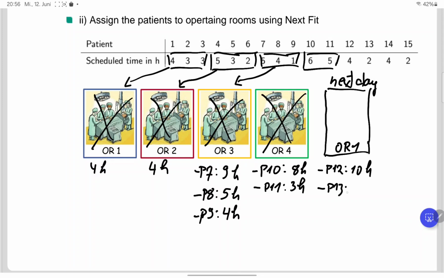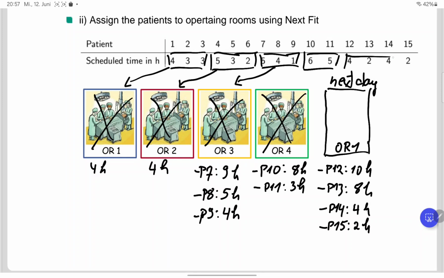minus the 13th patient, 10 hours minus 2 hours, 8 hours left, minus the 14th patient, which requires 4 hours, so that's fine. We still have 4 hours left, and we can even assign the last patient who requires 2 hours of surgery time, so we are left with 2 hours.